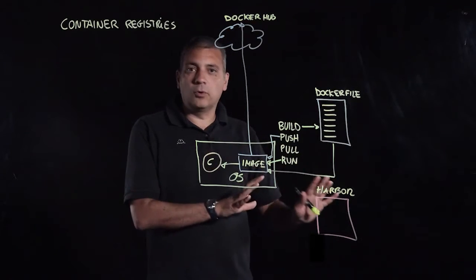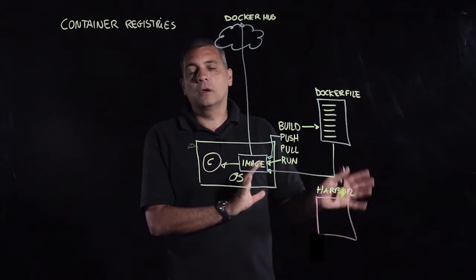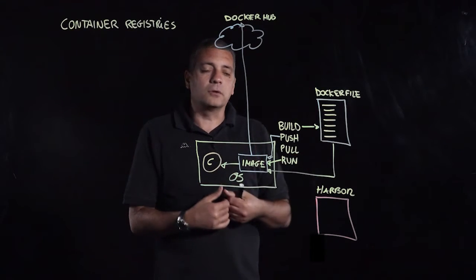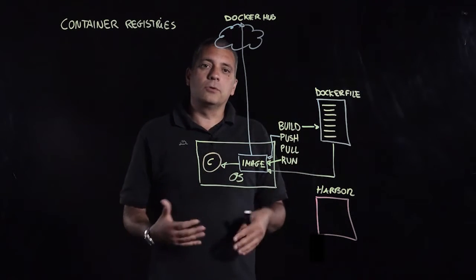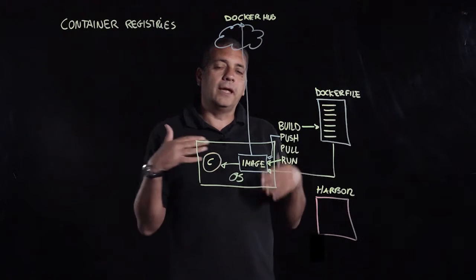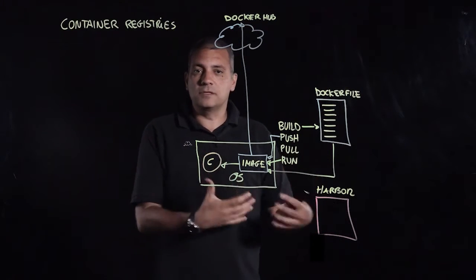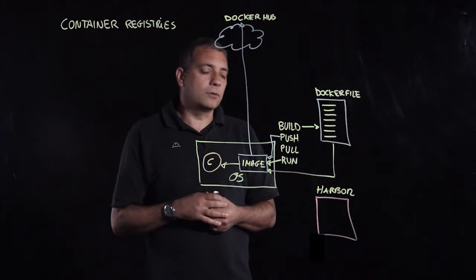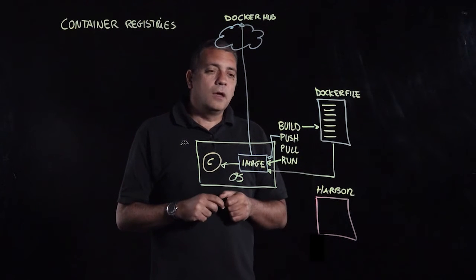We keep Harbor as an open source project. We reuse Harbor as a technology inside our product. But as a user, you can go on GitHub and download Harbor and instantiate Harbor inside your own data center or in the cloud as you like.